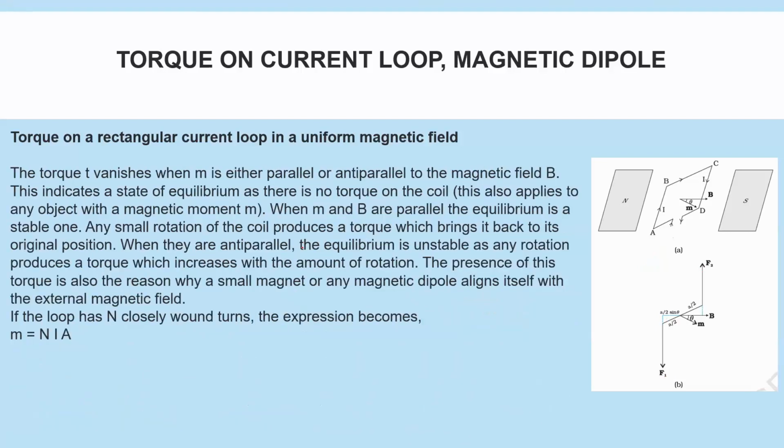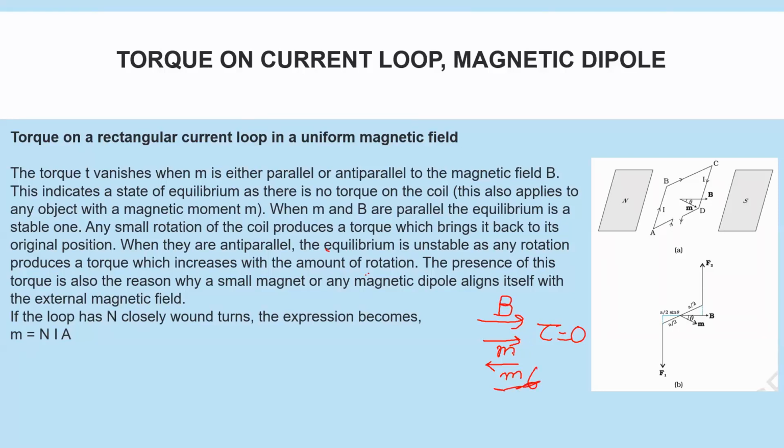Suppose your magnetic field is like this. If your M is also in the direction of B, or in the opposite direction of B, your torque becomes 0 under these conditions.